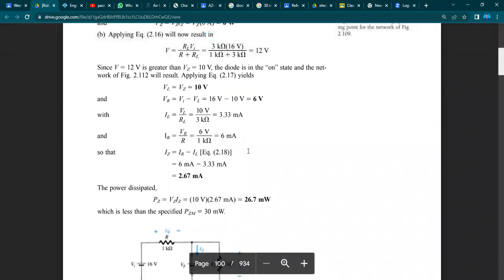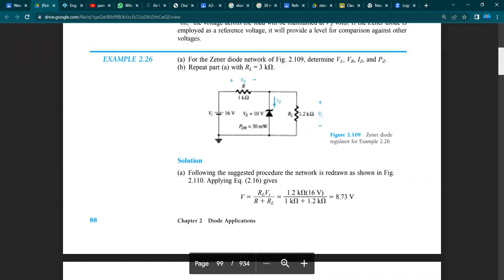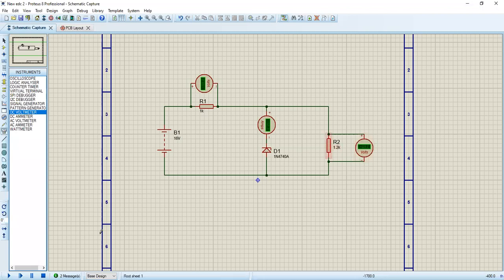We are also going to check its Proteus simulation, first with the given values of part A, and then doing the illustration from part B. Here you can see the resistor of 1.2 kilo ohms is used.